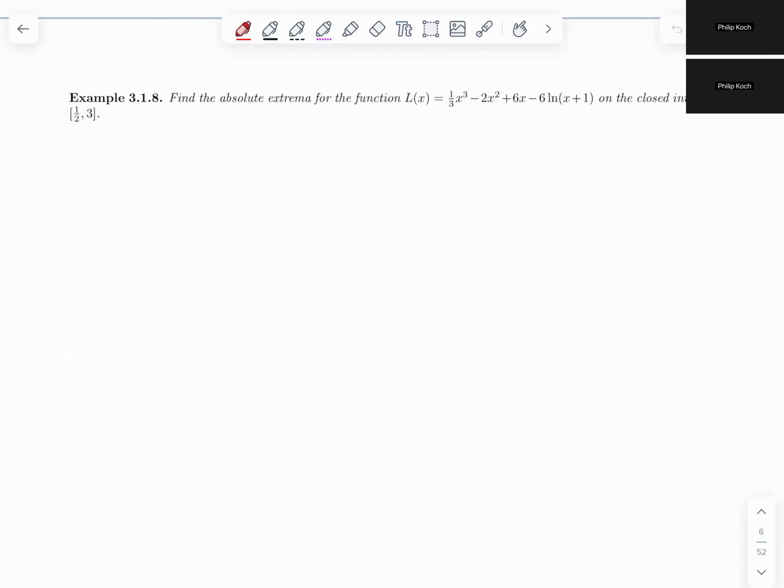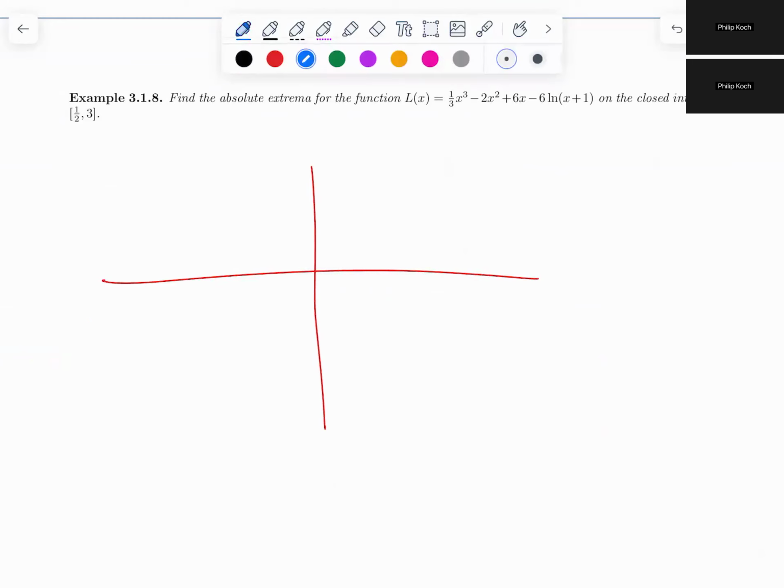As an example, maybe this will help make it a little more clear. If I were to show you this graph, let's draw a curve like this, and then let's add a vertical asymptote right here, and go like that, and then go like this. Let's just say right now that's your curve.